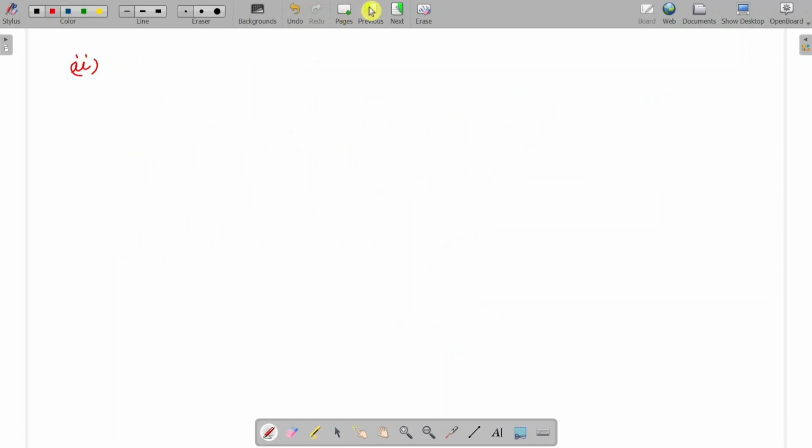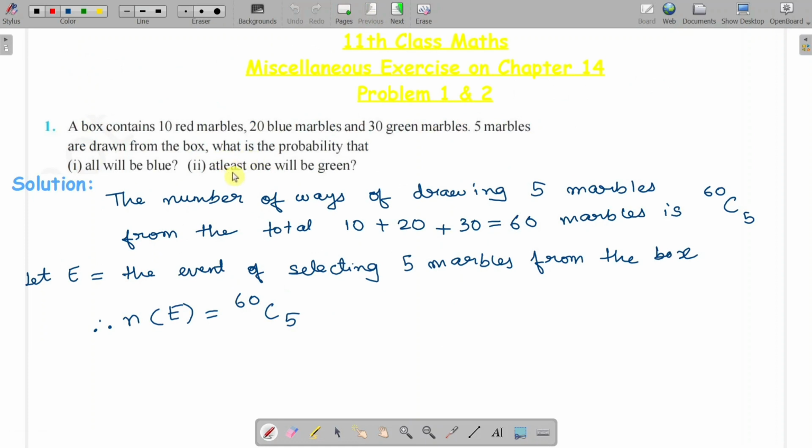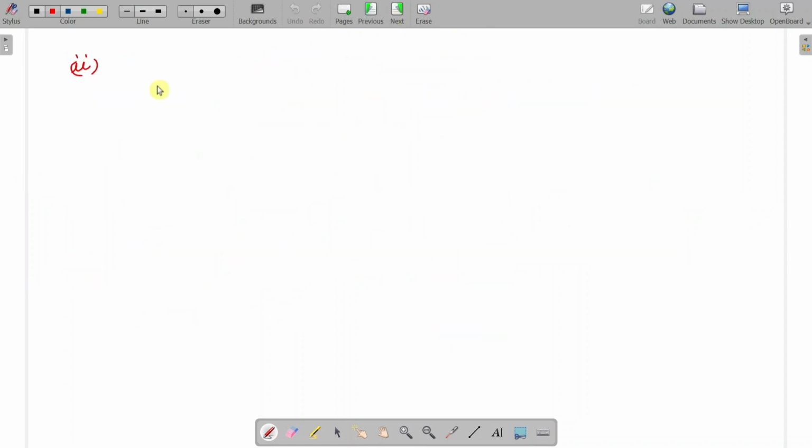In the second sub problem, we have to find the probability that at least one will be green, right? At least one will be green. Okay, so this is a little different type of problem, the second sub problem.